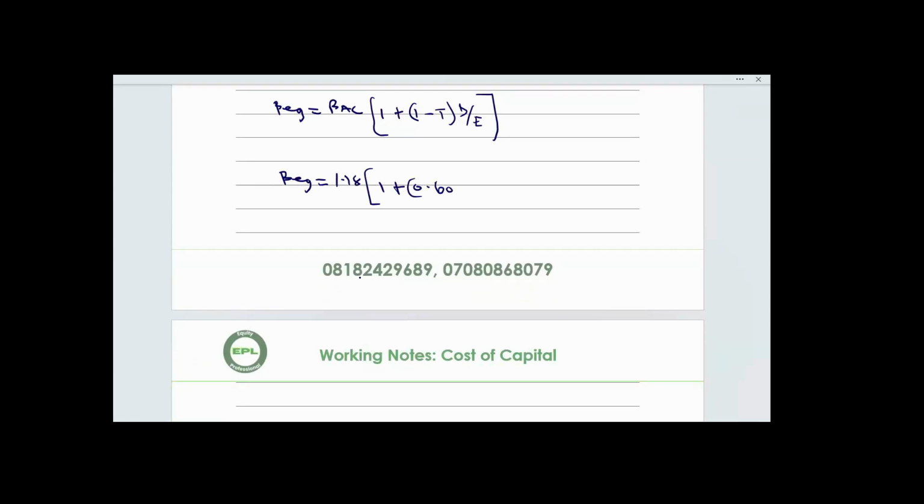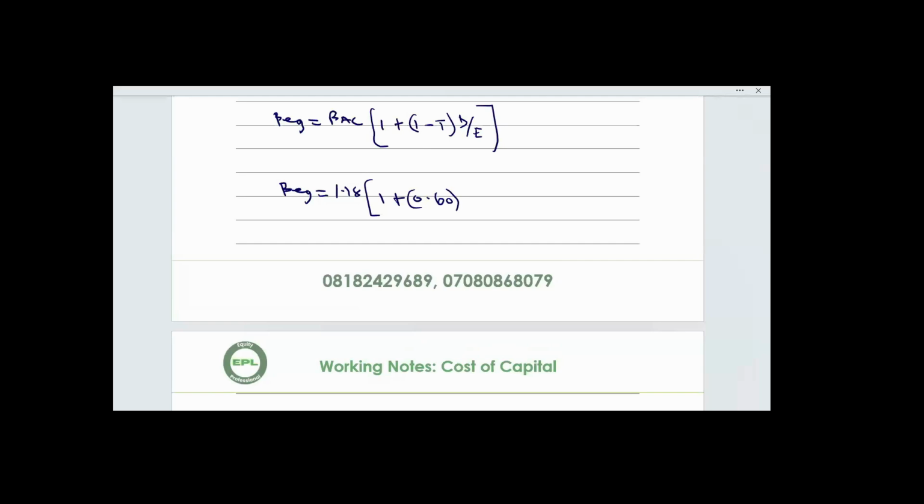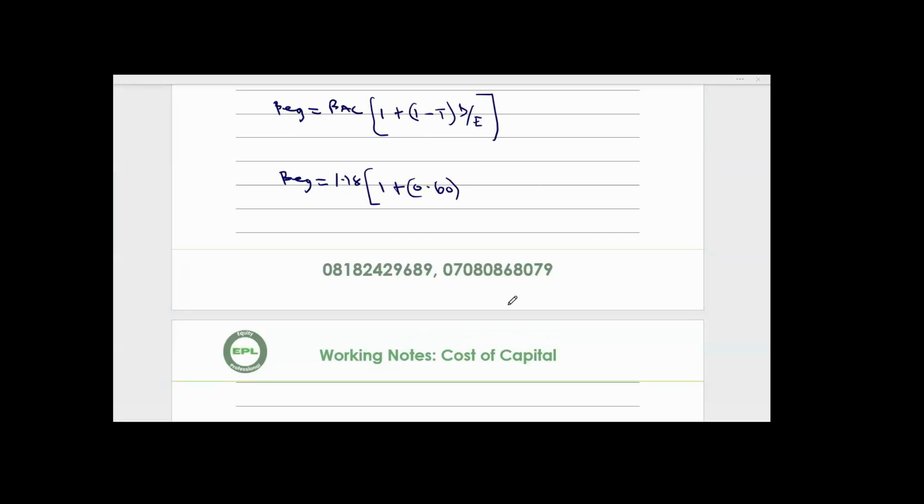Then multiply by the debt equity proportion of Colombia. According to the second statement in the first paragraph, the company has a total debt to total market value ratio of 30%. It means that the gearing ratio of Colombia is 30%, which means that debt is 30%, equity is 70%.